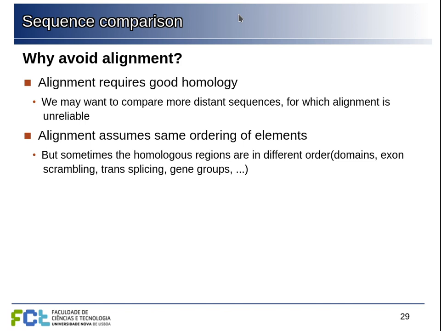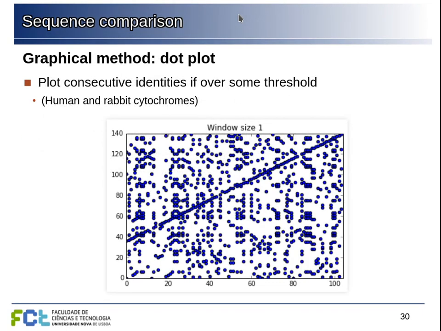You can have, for example, two proteins which have very similar domains, but the domains do not occur in the same order along the sequence of the proteins. And so in this case, it would be hard to find that match using the classical sequence alignment methods that we saw. So one very simple and intuitive method of comparing sequences is the dot plot.